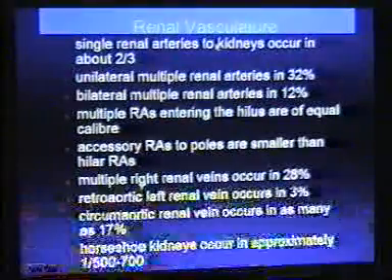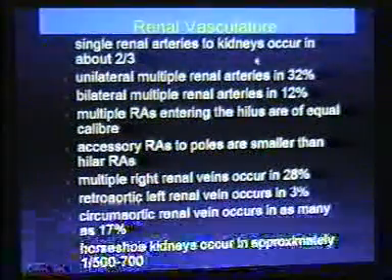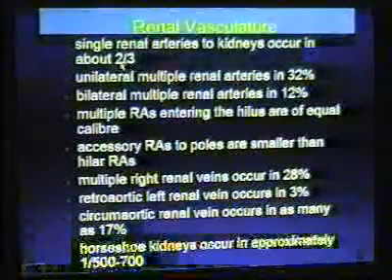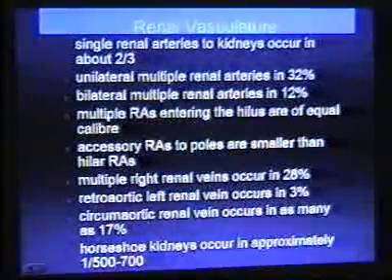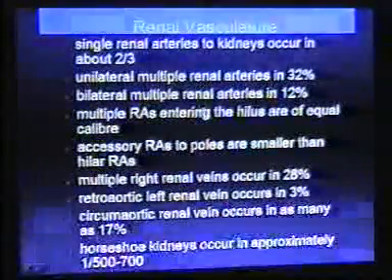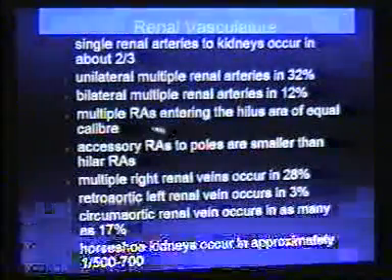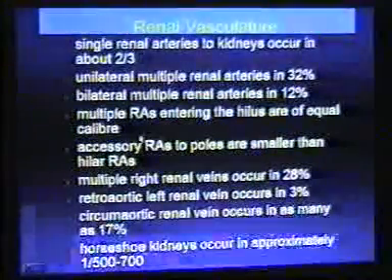For renal vasculature, we have to remember some points. Single renal arteries to kidneys occur in about 2 to 3 times. Unilateral multiple renal arteries in 32%. Bilateral multiple renal arteries in 12%. Multiple renal arteries entering the hilus are of equal caliber.